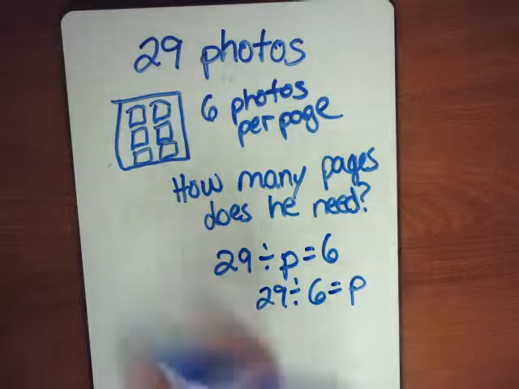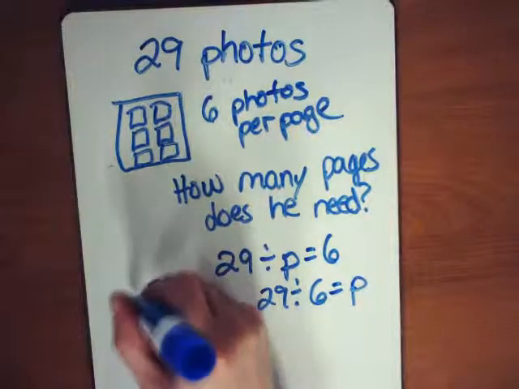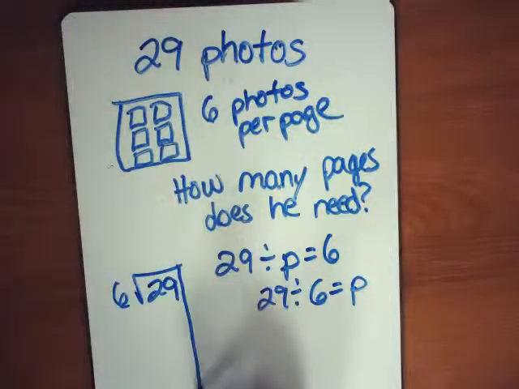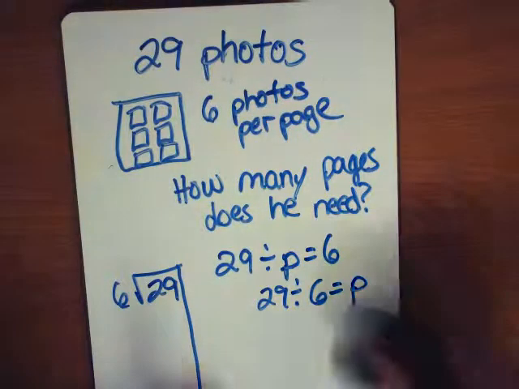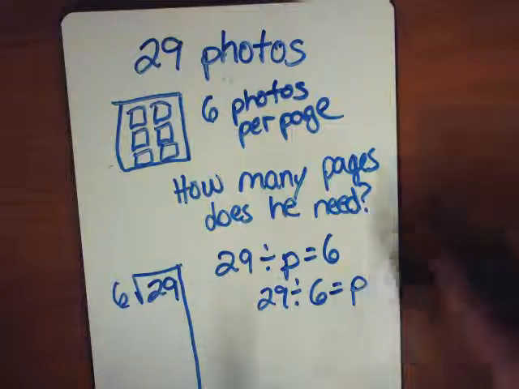Okay? So I'm going to go ahead and do 29 divided by 6 right there. So I'm going to think about that as equal groups, 6 of them. I'm going to erase some of this stuff right here. I hope that you've written it down.